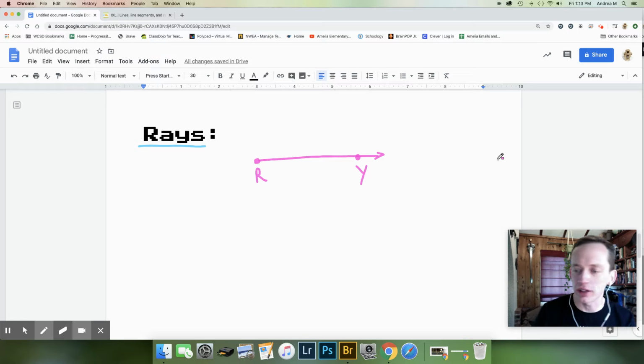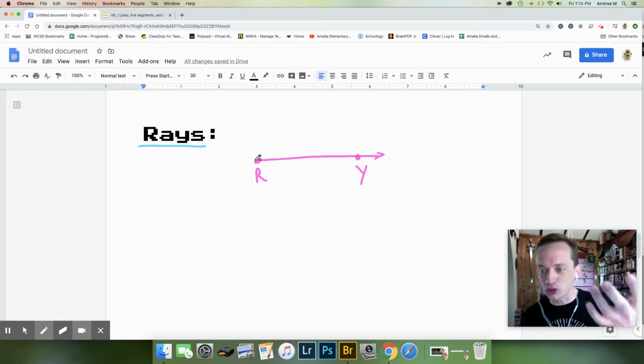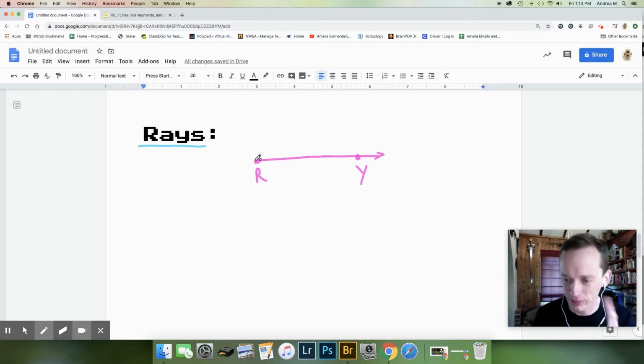Or this was an idea that came up. A kid thought of this a couple years ago that I thought was great. They said it's like a ray gun. This is the person holding it, and when they shoot the ray gun, it shoots the ray. So if that works, use it. So it starts here at R. That is my first letter. And then the next point is Y. Now look, here's how you draw it. Starts at R, goes this direction like that.